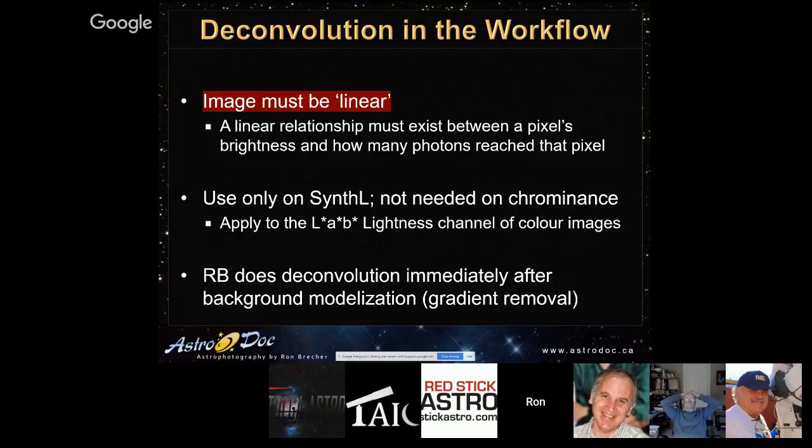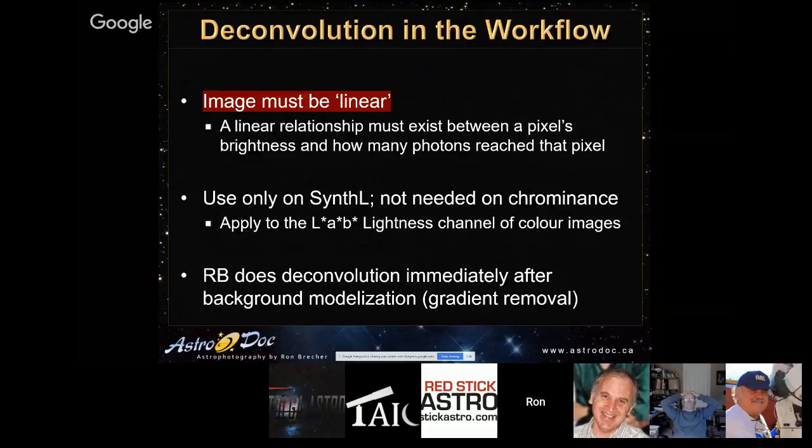The other thing about it is that you don't need to do it on chrominance data. Use it only on your luminance. In my case, I don't shoot luminance. I make a synthetic luminance. If you're shooting one-shot color, you can extract the lightness channel, that's the CIE LAB lightness channel, from your color image and apply deconvolution to that.